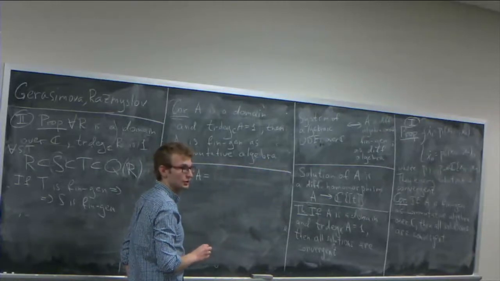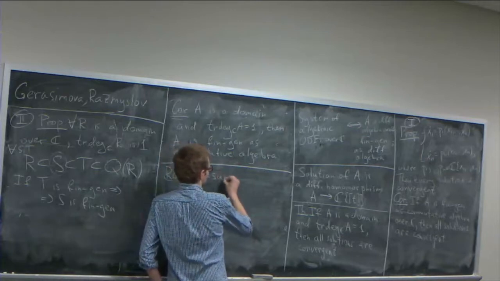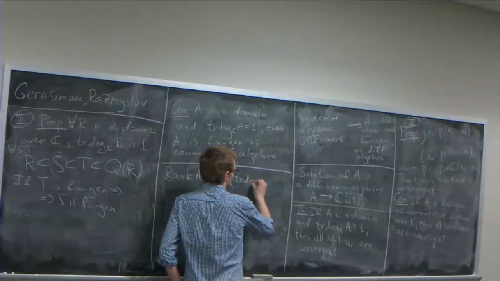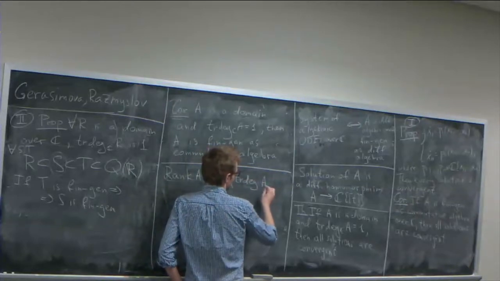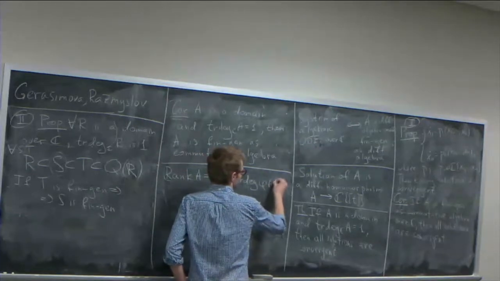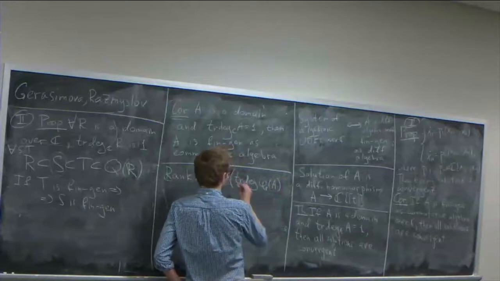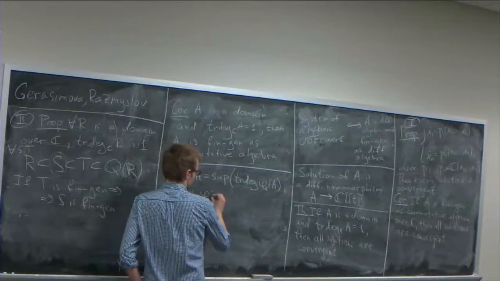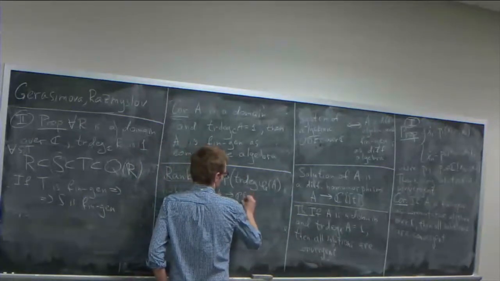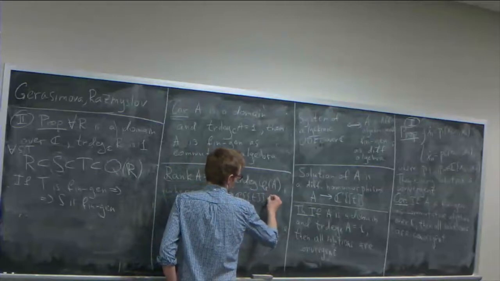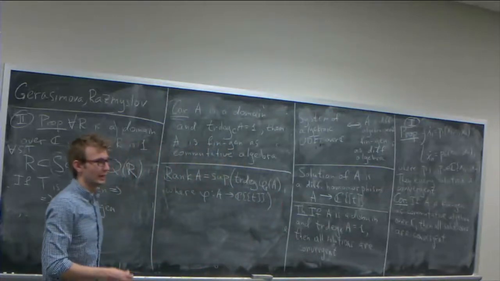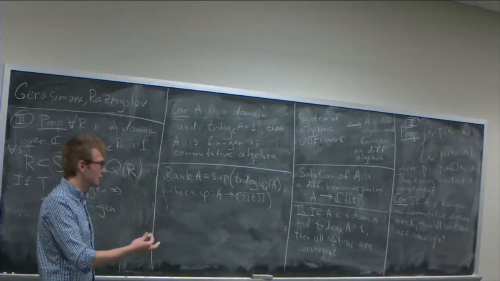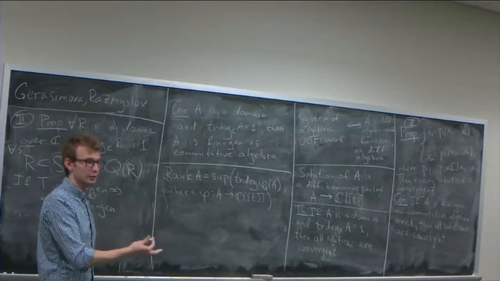The rank is the supremum of the transcendence degree of phi of A over C, where phi is a differential homomorphism from A to C((t)). So I consider all solutions, and I consider the transcendence degree of the image.